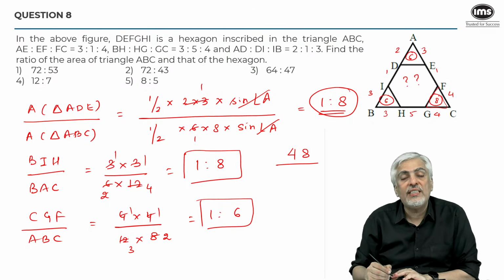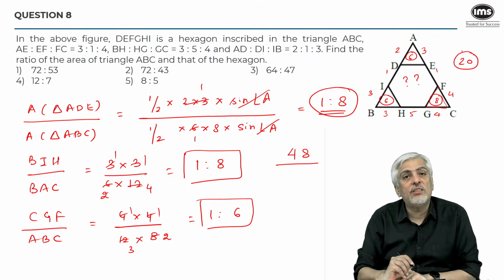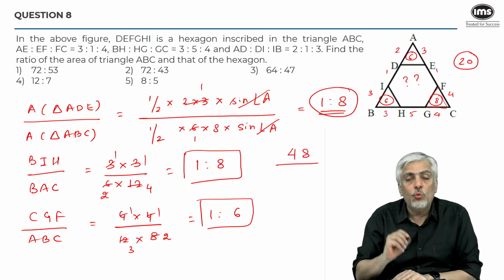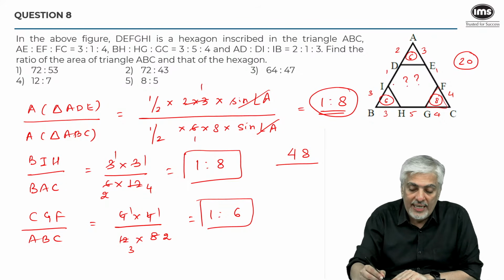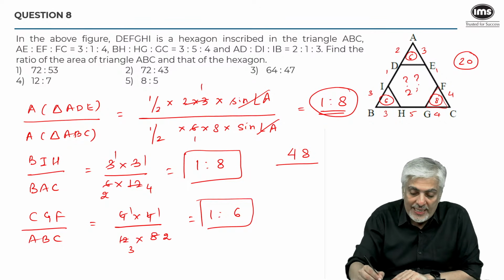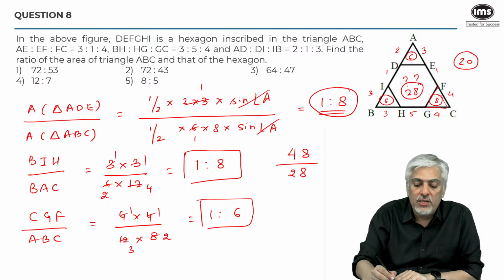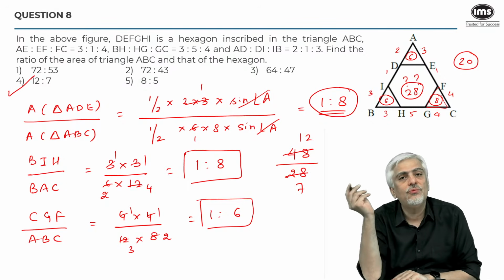So area of the three triangles would come 20, which means area of the hexagon, which was in the center, would be 48 minus 20, which is 28. So answer is 48 upon 28. 4 12s are, 4 7s are. Answer is the fourth option.